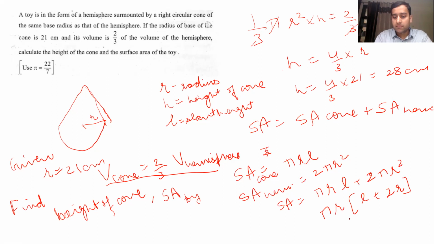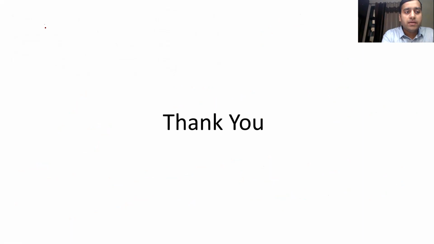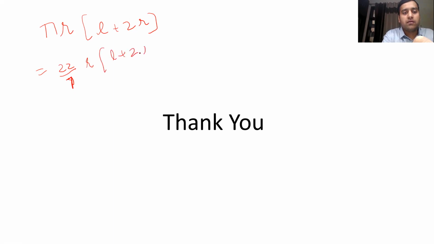So it is pi r (L plus 2r), which is equal to, pi is 22/7, they said you can take it 22/7, then it's r, then it's (L plus 2r). We have to find L as well. We know r, but we don't know L. So in parallel, we can find L.